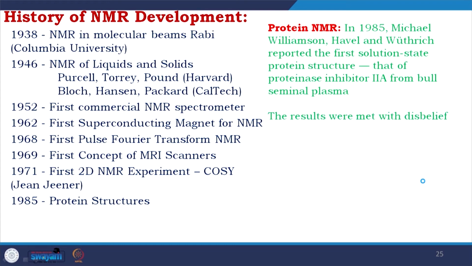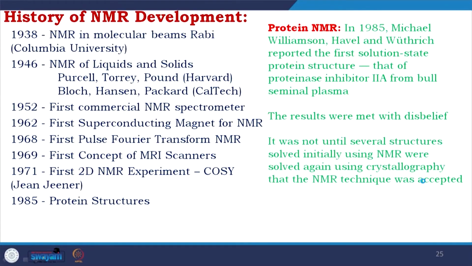Initially, they were met with a lot of disbelief. People did not agree with their finding, and it was not until several structures initially solved using NMR were solved again using crystallography, and it was found that the structures solved by NMR had similar information to those solved by X-ray crystallography, that NMR was actually accepted.